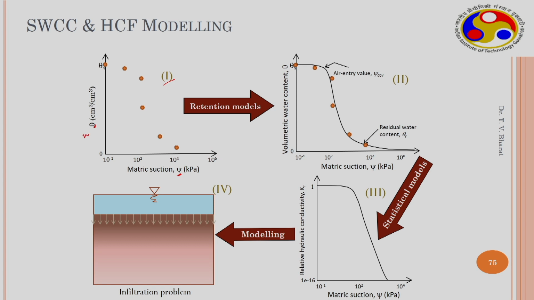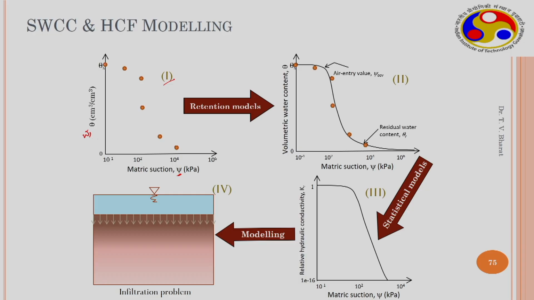So, often we get it in terms of gravimetric water content w. Then, using the relationship between w and theta, with the density of soil and how it varies with either drying or wetting, knowing this data we can convert to theta. Once we convert to theta, we can plot theta versus psi.